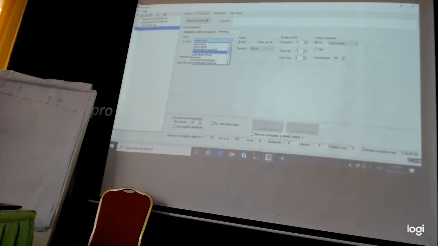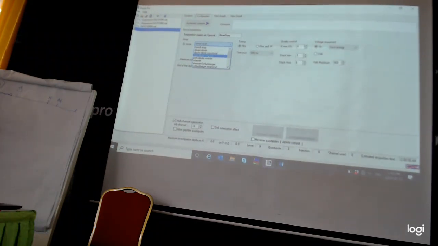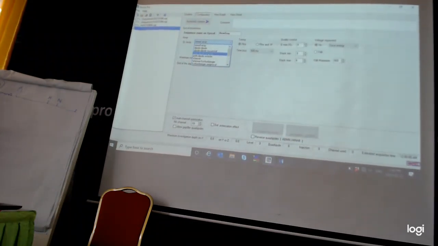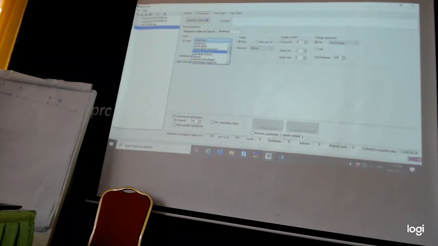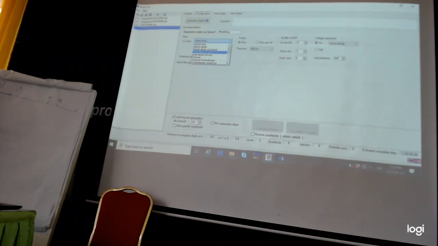He did an interpretation for us overnight on the pole dipole data from the Technical Institute, the GTI.